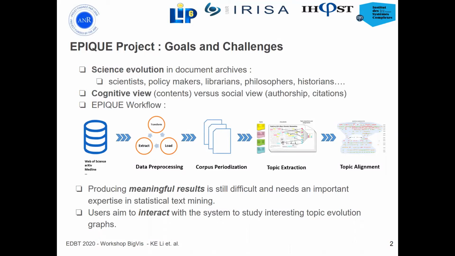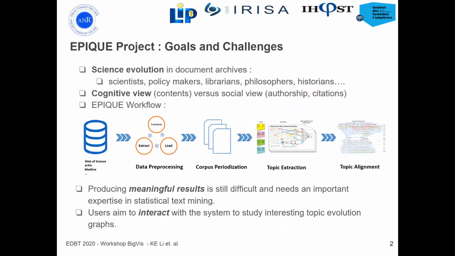Scientific evolution can broadly be studied by adopting a cognitive view or social view on evolution dynamics. The cognitive view emphasizes the shared knowledge and the change of ideas, whereas the social view takes account of authorship and social interaction, such as citation graph.